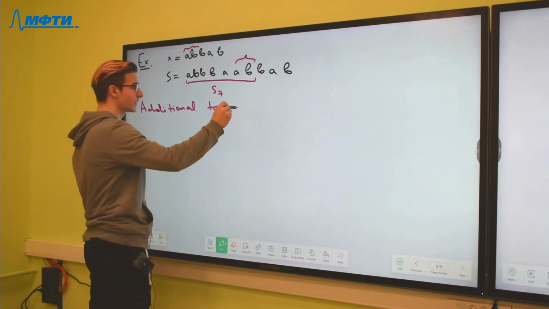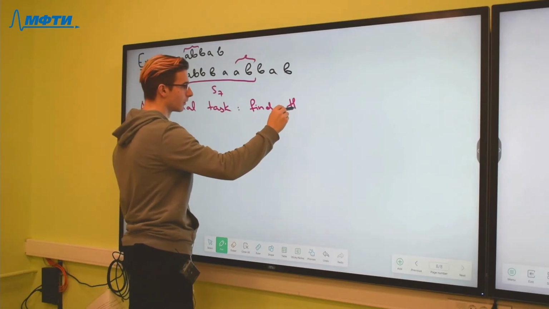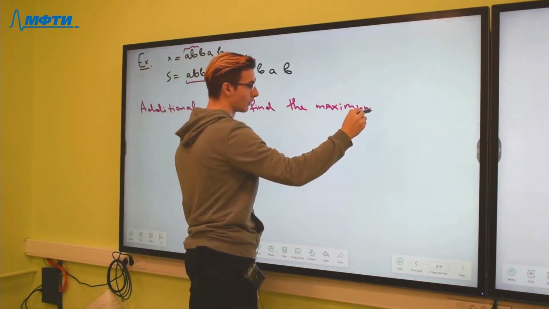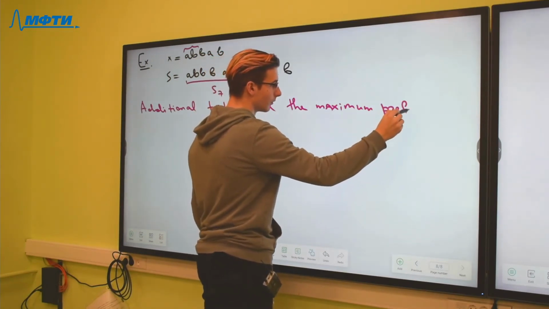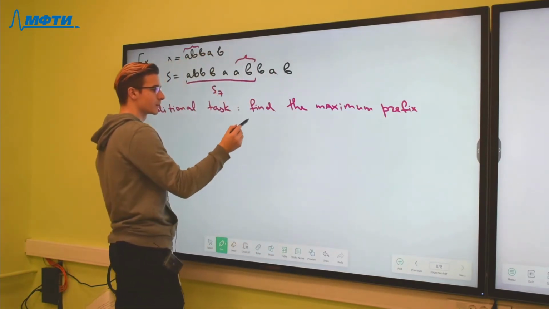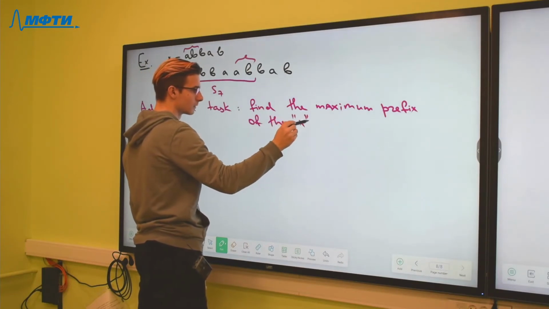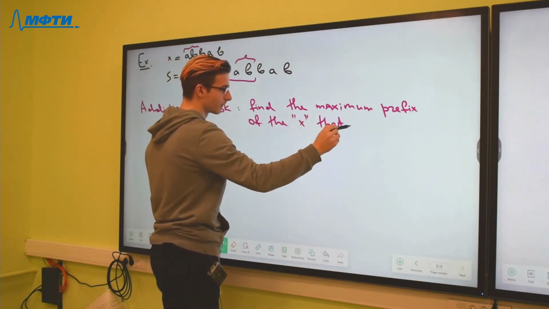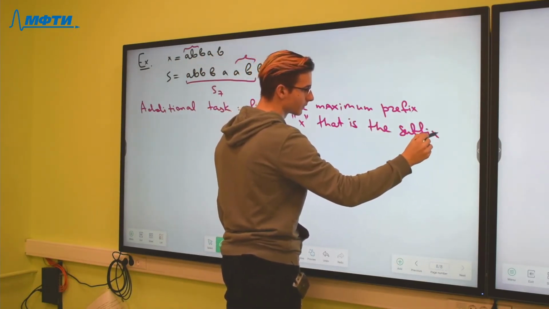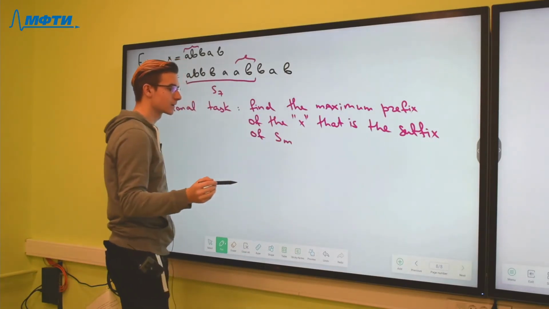So the additional task: find the maximum prefix of x that is the suffix of s with index m.